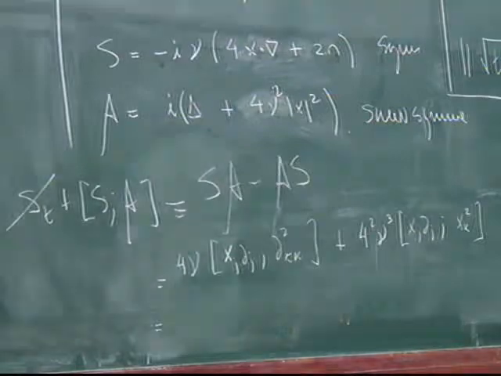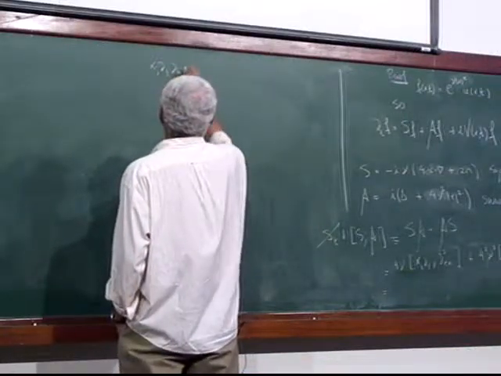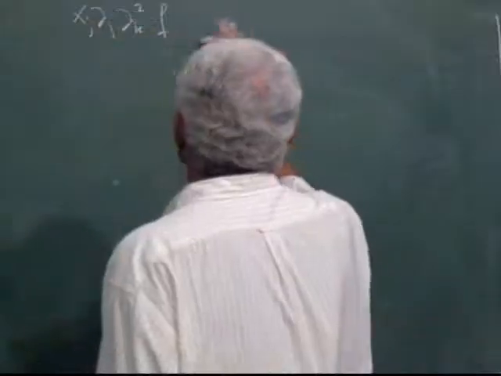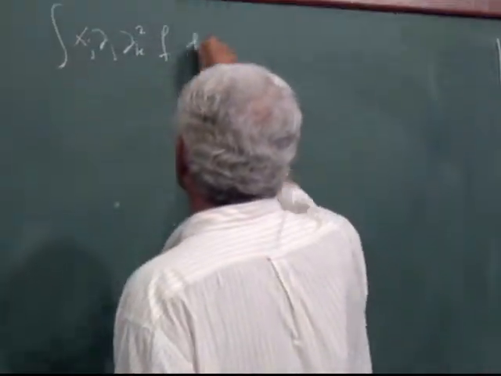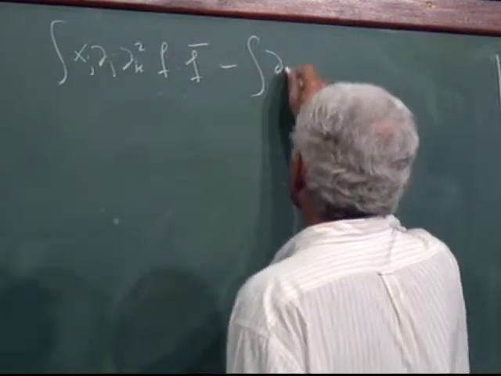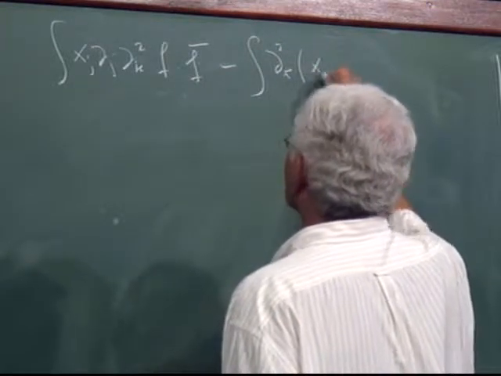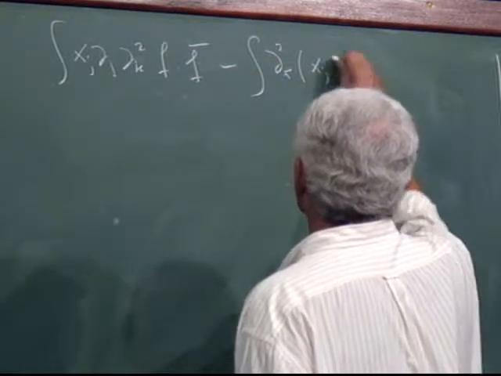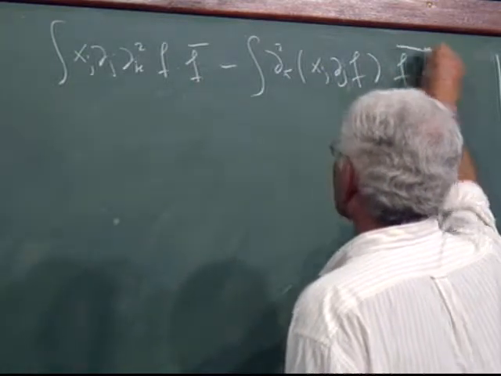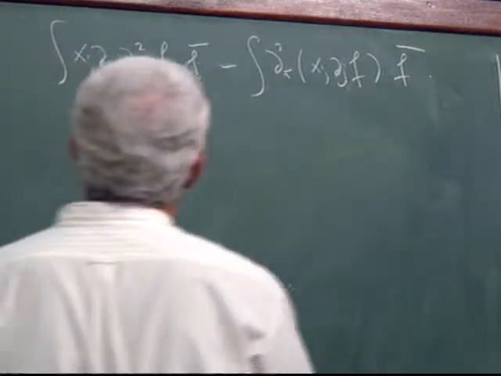You have x sub j dj of dx squared of f, multiplied by f if you want, minus the other way around, dx squared x sub j dj of f. That's what you have. Then you have the 4 and so forth.